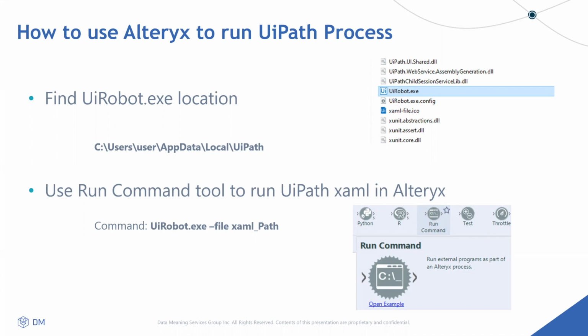So this is the way we can use the Run Command tool in the Alteryx Designer to trigger the XAML file from UiPath. So the key concept here is we can run this command by calling UiRobot.exe dash file, and you pass the XAML file. So you can just call the UiPath process, and all this command is included in this Run Command tool in Alteryx, so you can just use Alteryx to run that.